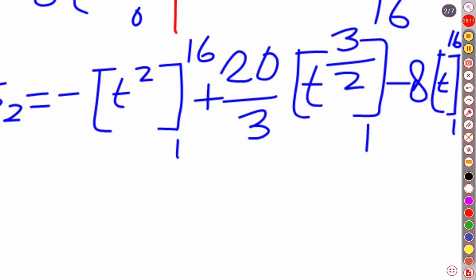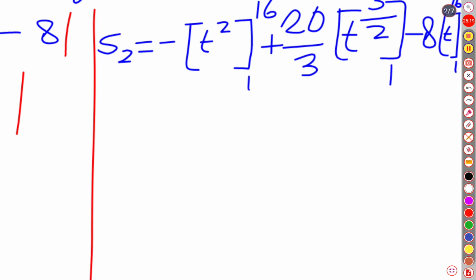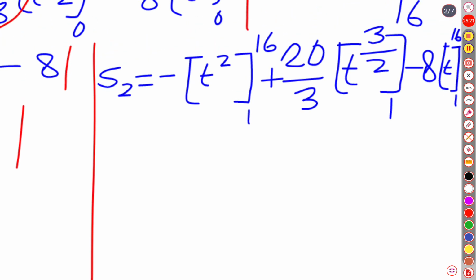So let us calculate now. S2 is equal to negative t square. Look at this, 16 square means 256 minus 1 square means 1. So 256 minus 1 is 255, negative 255, plus 20 over 3, and 16 raised to 3 over 2 means actually 64.